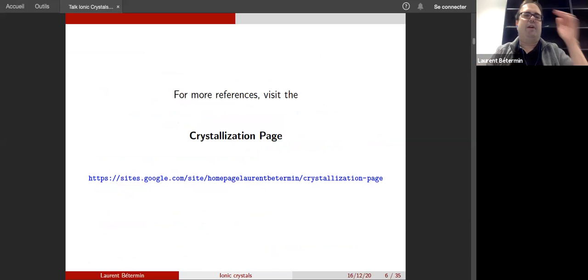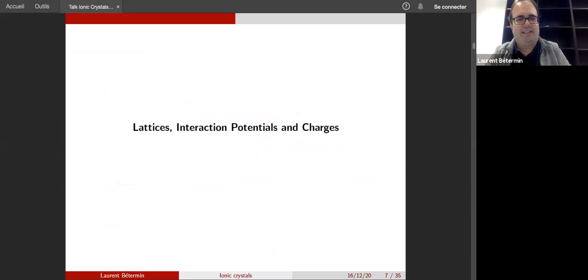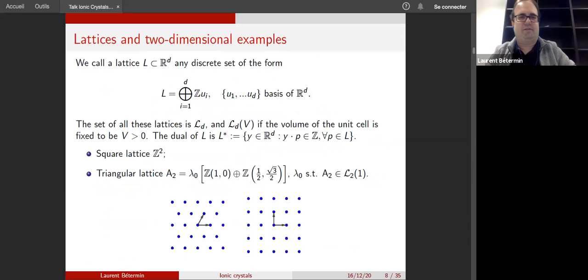Good. So I did this talk last week, and I wrote a small introduction about what lattices are, interaction potentials in that case, and charges. Of course, lattices, you all know what it is, an infinite discrete set of this form. So L is the sum of the u_i, where u_1 to u_d is a basis of R^d.